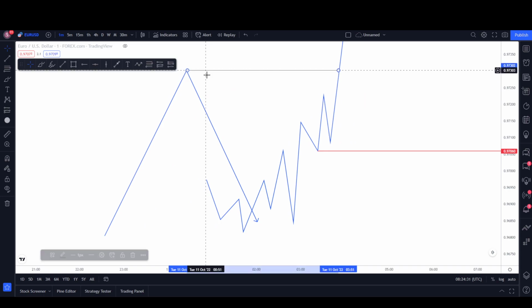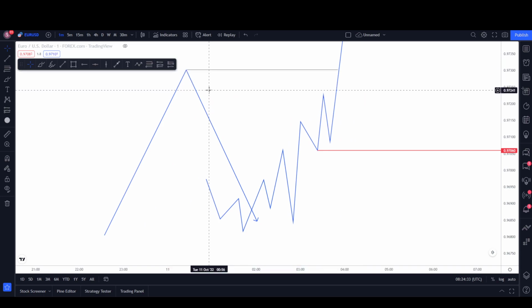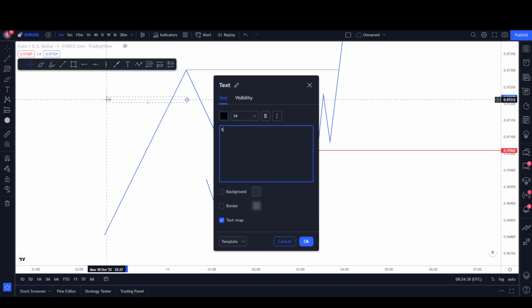The last thing I'm going to say is really focus on your structure and time frames, so episode 1 and episode 2. When it comes to structure, really focus on identifying the correct structure points. Obviously that can be really hard at first, but after the day, if you didn't understand it in real time, wait for the day to play out, go back and look at where price respected, what levels it respected, and what highs and lows haven't been taken.